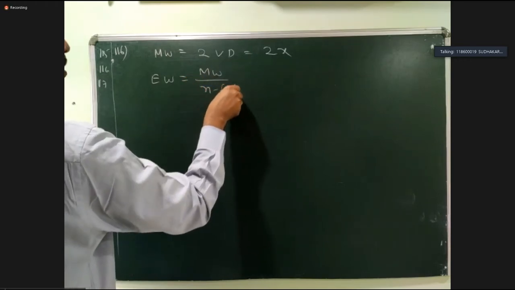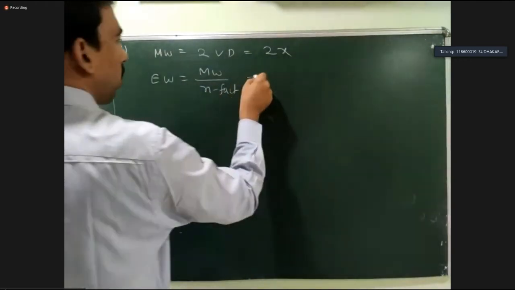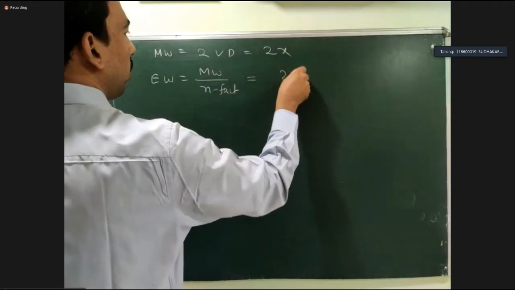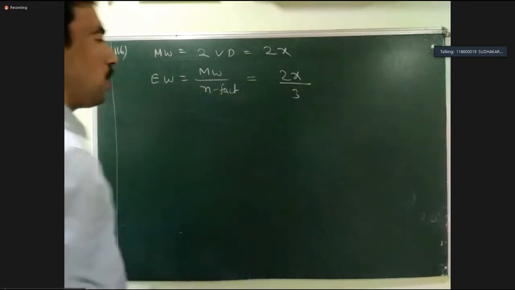The n factor is the basicity. Molecular weight is 2X, n factor is 3, so 2X by 3.